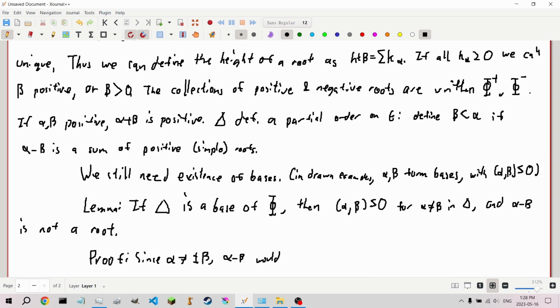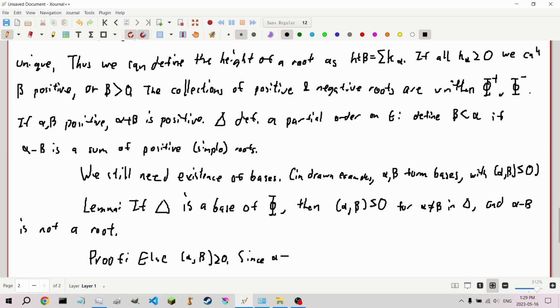Otherwise, the bracket between alpha and beta would be positive.